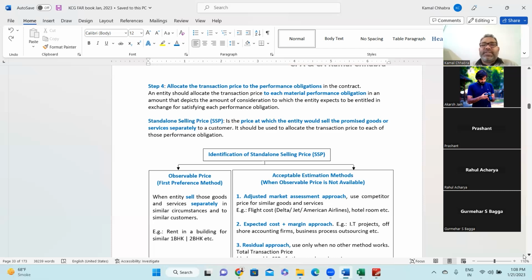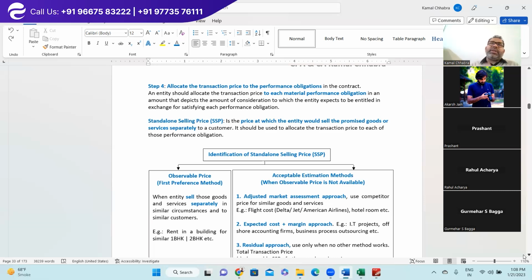So first thing is stand-alone selling price. Stand-alone selling price is independent selling price. Like in our example, we discussed $100,000 for the car, $10,000 for the extended warranty, $5,000 for the insurance. Those independent prices for the independent products and services are called stand-alone selling price.